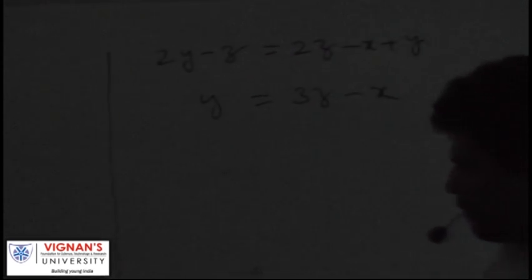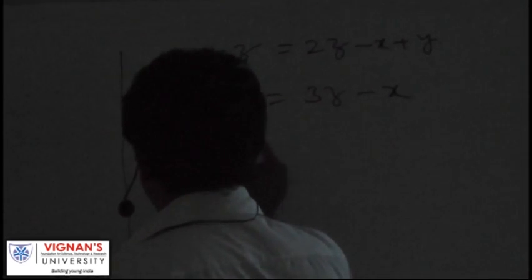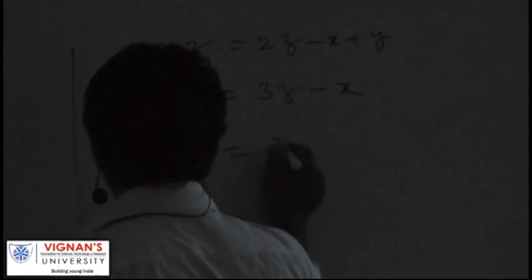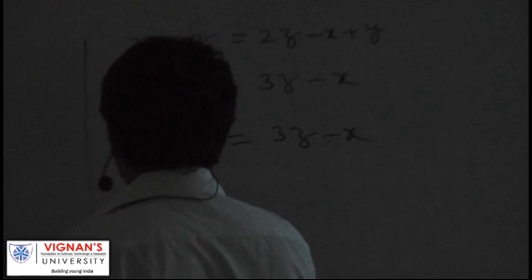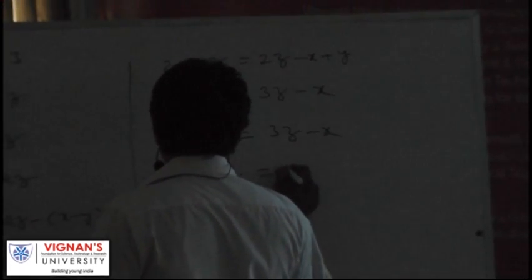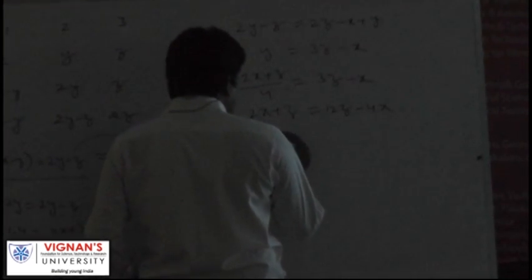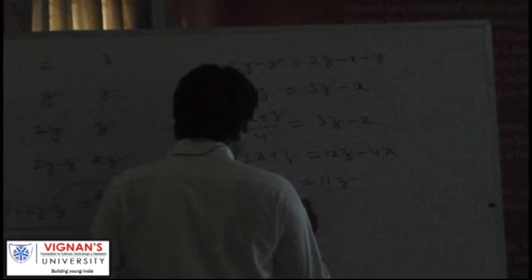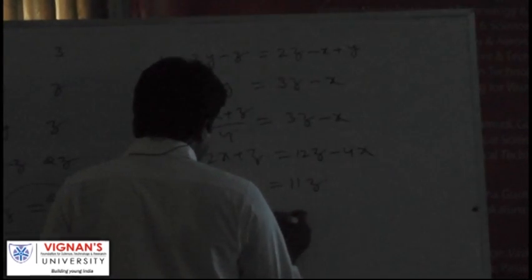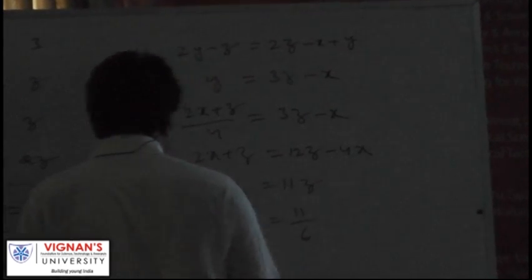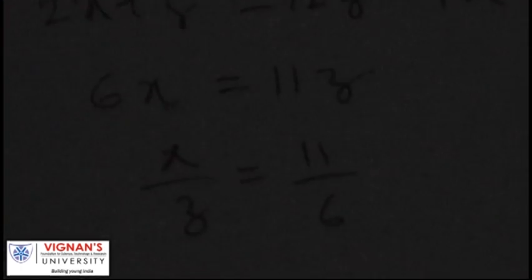What is the y value? (2x plus z) by 4 equals 3z minus x, or 2x plus z equals 12z minus 4x, or 6x equals 11z, or the x to z ratio is 11 to 6. The x and z ratio is 11 to 6. It means if x is 11, z must be 6.